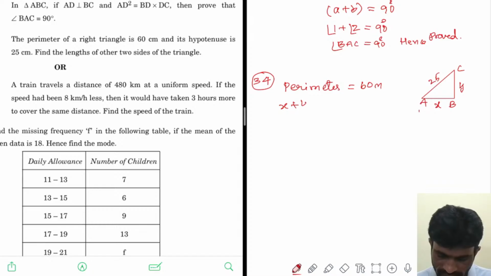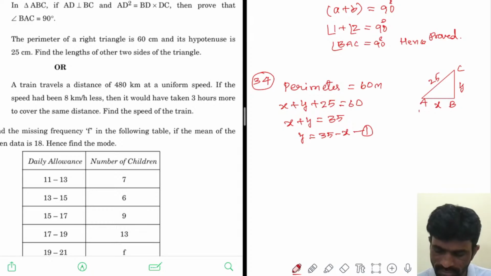So we know X plus Y plus 25 is equal to 60. Then X plus Y is equal to 60 minus 25, that is 35. Then Y is equal to 35 minus X. That would be equation 1. Because it is a right angle triangle, we can use the Pythagoras theorem. What is the Pythagoras theorem?